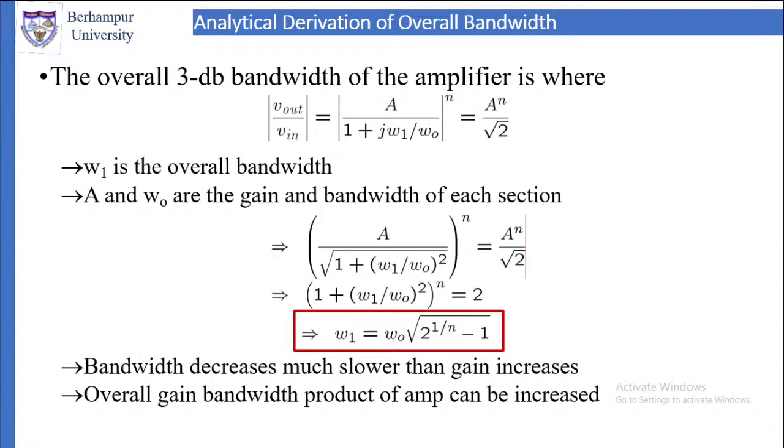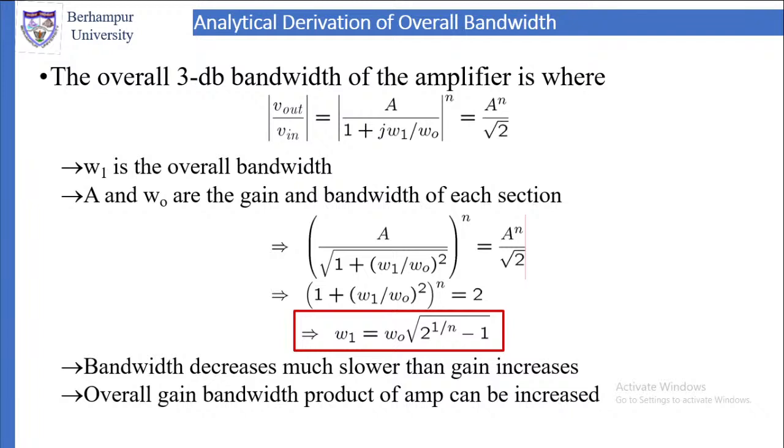If there is a bandwidth, it means there is a range of frequencies. Suppose it starts from F1 and goes up to F2. Lower frequency is F1, upper frequency is F2, center frequency is F0. So F0 is usually F1 plus F2 by 2.